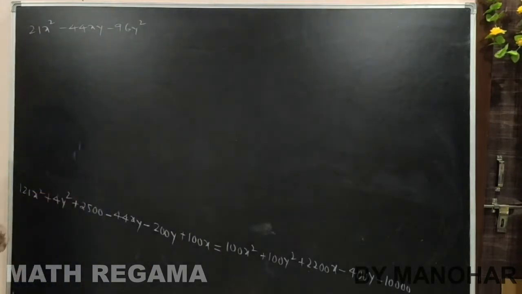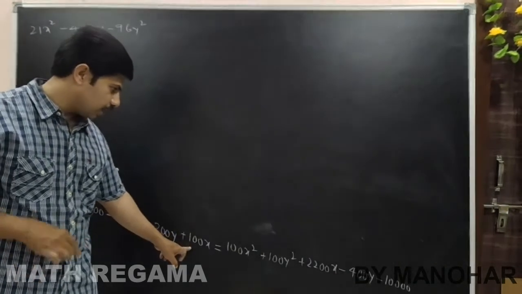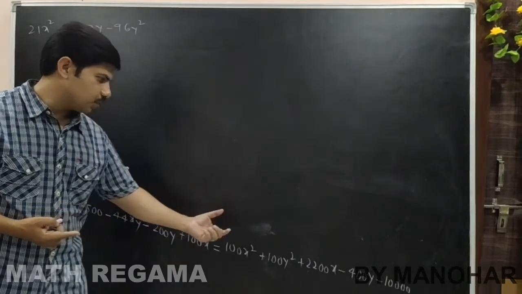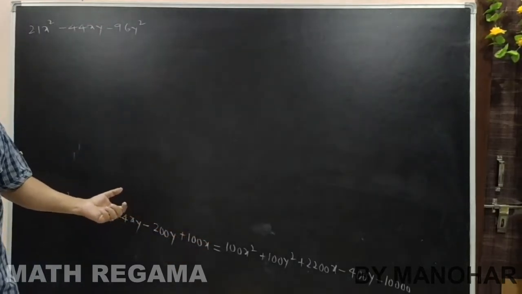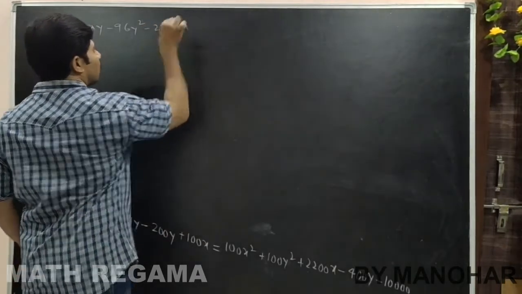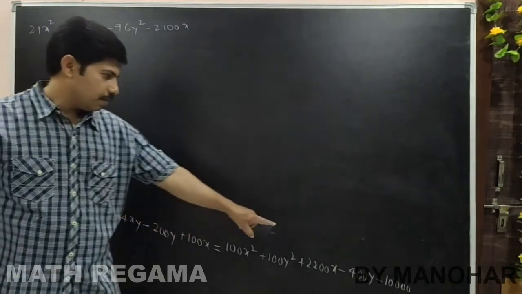Then after that, x terms, we have 100x on the left side, on the other side we have 2200x. So 100x minus 2200x is clearly minus 2100x. Then y terms we have to check. Minus 200y plus 400y.